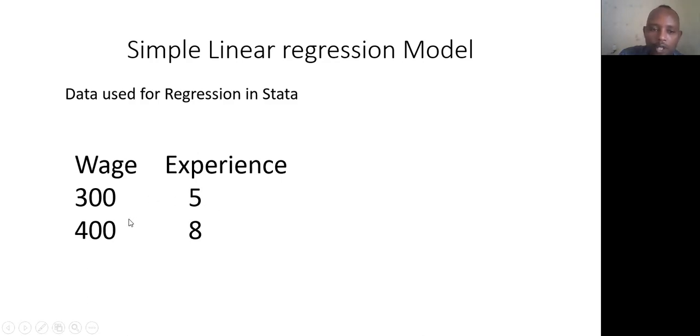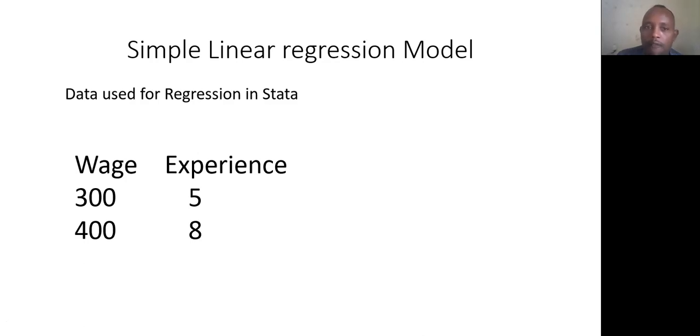These are two observations. To do regression, we need at least two observations, or we should collect data from at least two respondents or samples. Then what does the regression look like if we have one independent variable, one dependent variable and two observations?